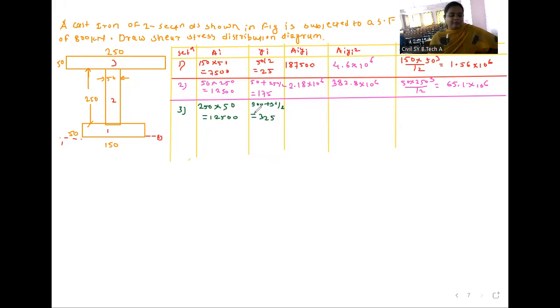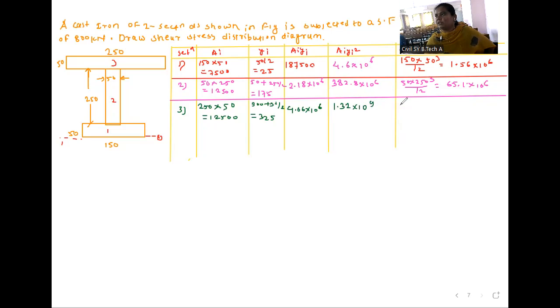After that, ai yi, which is equal to 4.06 into 10 raised to 6. ai yi square, 1.32 into 10 raised to 9.